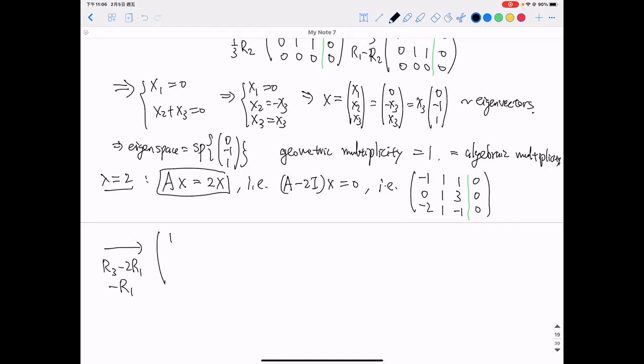So minus R1 will make it 1, 0, 2, 0, 0, 1, 3, 0. R3 minus 2R1 is minus 2 minus 2, so 0. 1 minus 2 is minus 1. Minus 1 minus 2 is minus 3, 0.